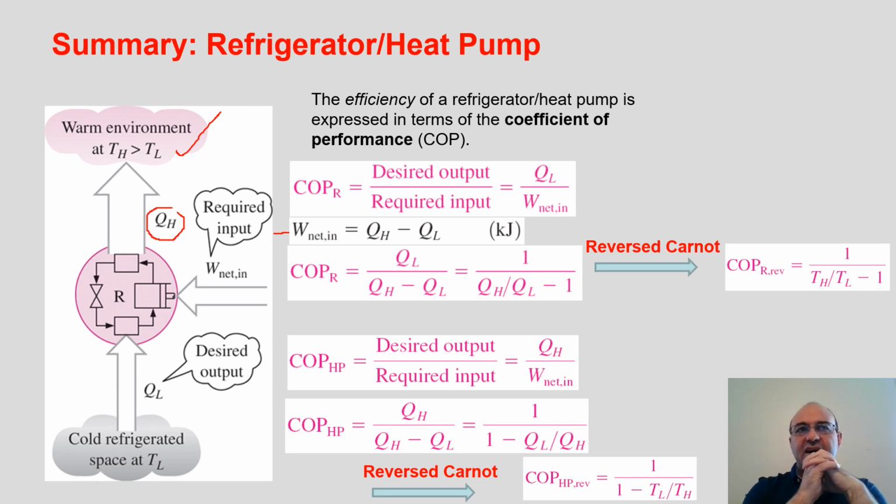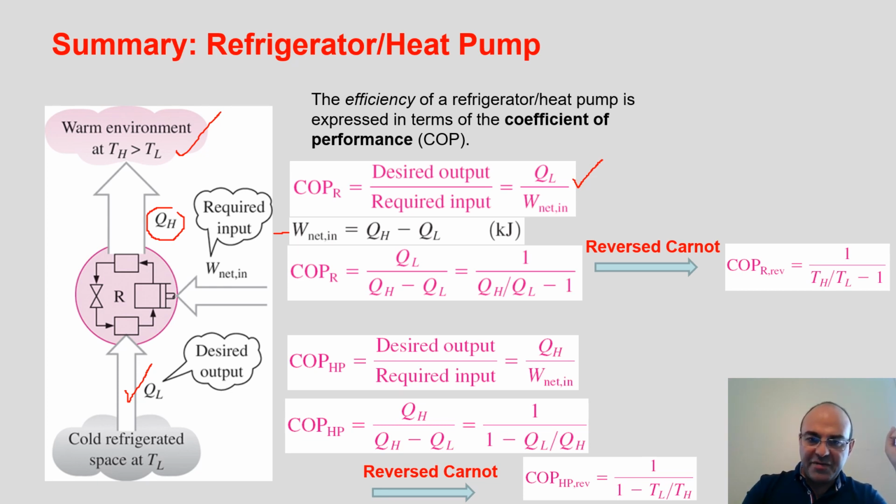We cannot define a regular efficiency. Instead, we define the coefficient of performance. For the case of a refrigerator, COP is defined as the desired output divided by required input. So for a refrigerator, the desired output is QL, and the input is W net in, for instance, the compressor work.